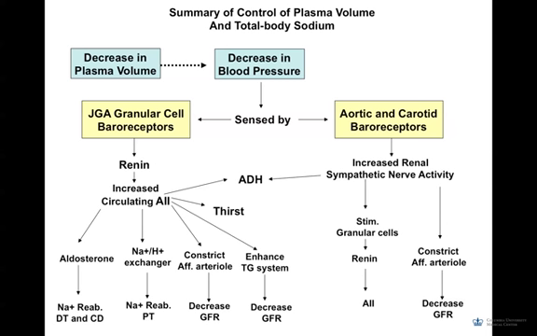We call this system the renin-angiotensin-aldosterone system. The renin-angiotensin-aldosterone system. And so this is a really important system, and it's something that you really want to make sure you fully understand.